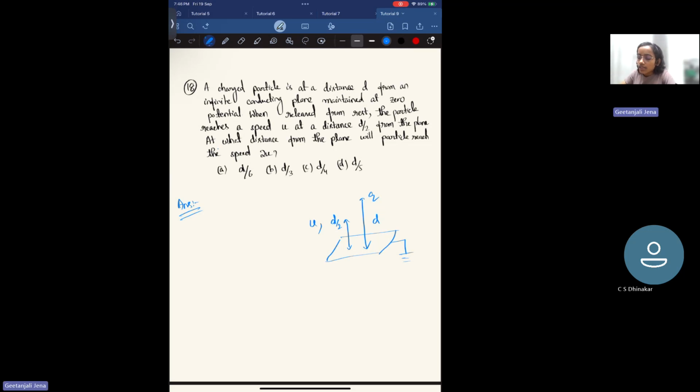The question is asking at what distance from the plane the particle will reach the speed of 2u. So we need to see at what distance u becomes 2u.